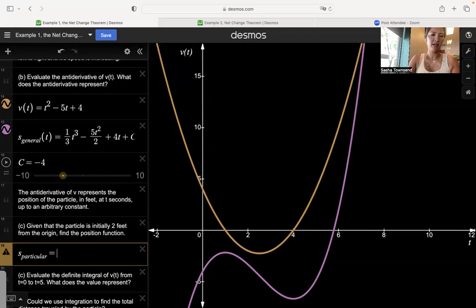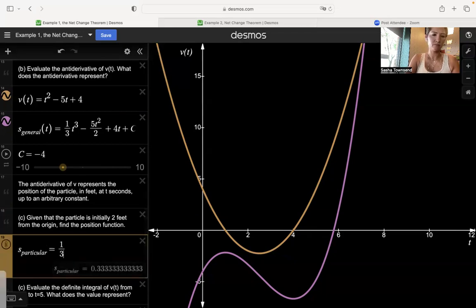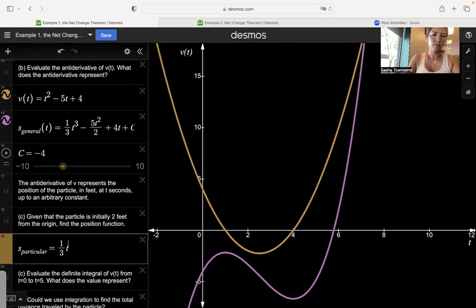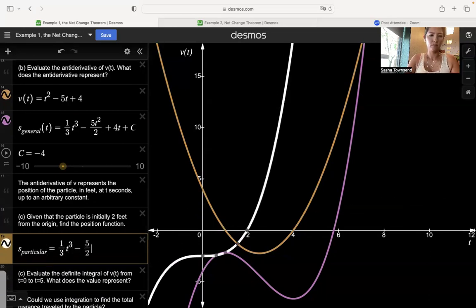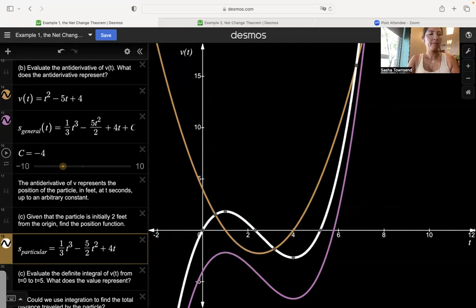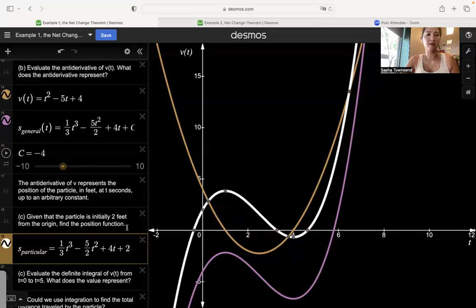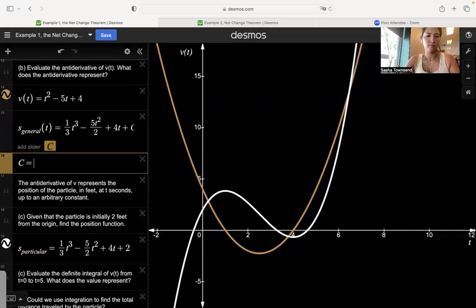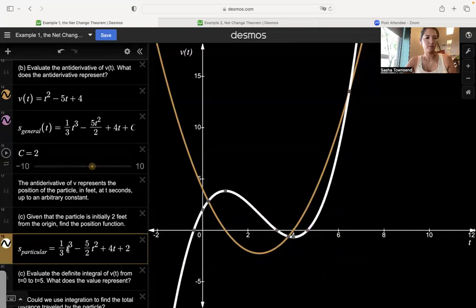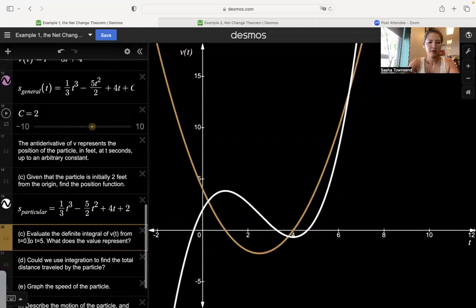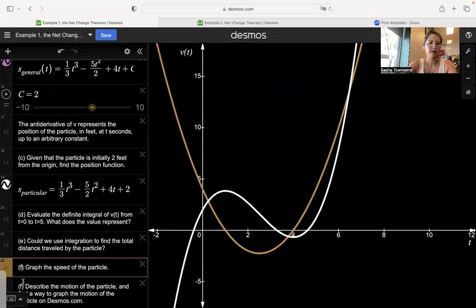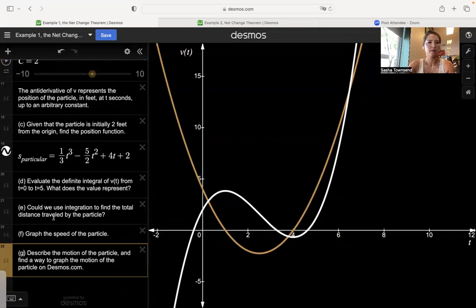It's just the original s plus that c, where the c happens to be 2 in this case, because of the information that we were given. Okay, so I'm going to call this d now, and then call this e, and this f, and then the next one is g.